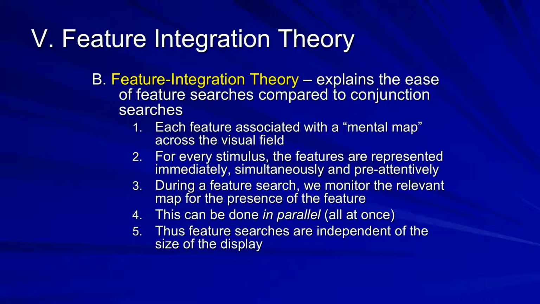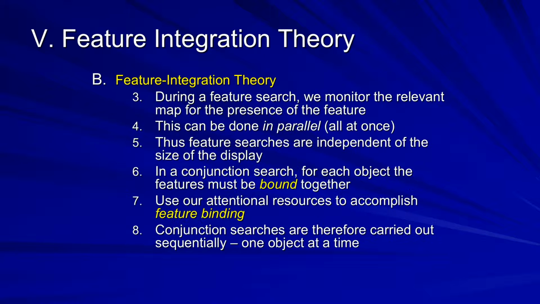That is, we can find things just as fast if it's within 5 things as it is 10 things, 20 things, or 30 things. This is very different from conjunction searches. So in a conjunction search, for each object, the features have to be bound together. And as we talked previously, attentional resources are limited, and they take a little bit of time, they take a little bit of effort.